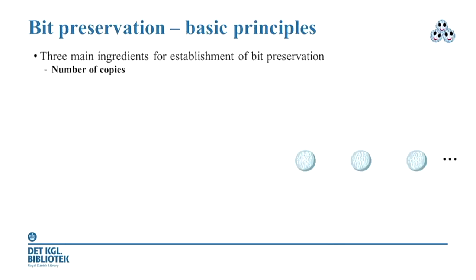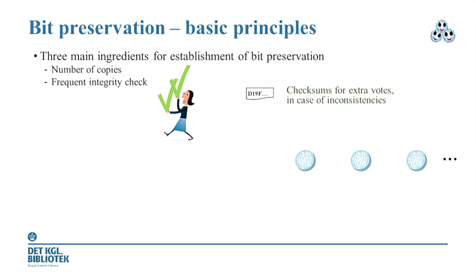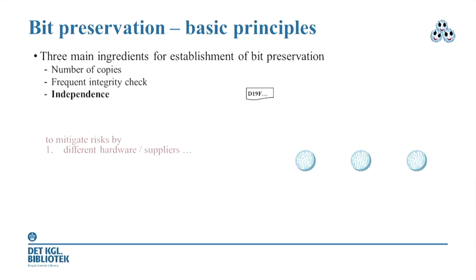So there are three main principles in bit preservation. You need to have a number of copies, and you need to check them frequently. It's not backups, they're all equally worthy. And you can add checksums if you need to vote, if there are inconsistencies.